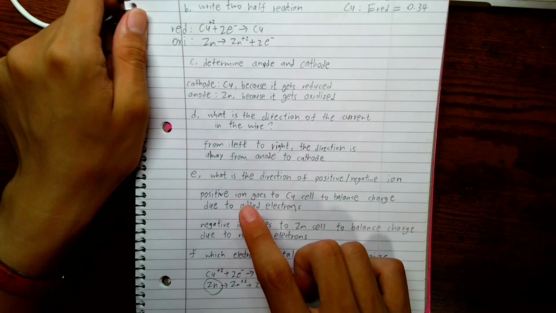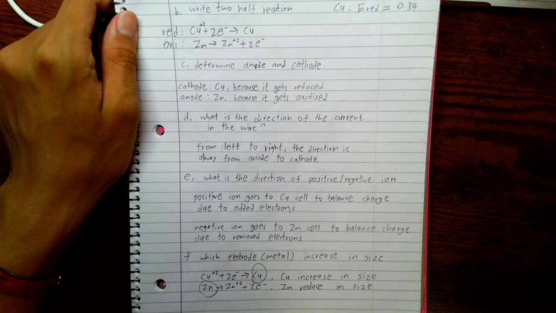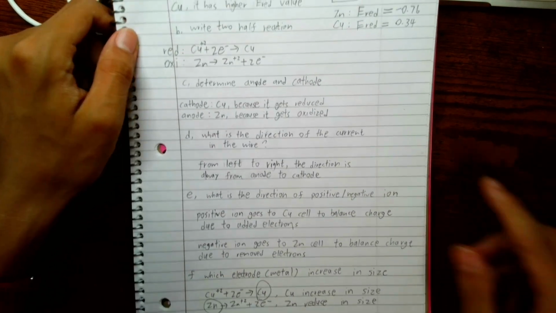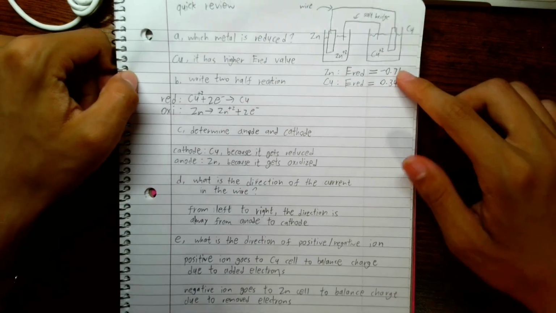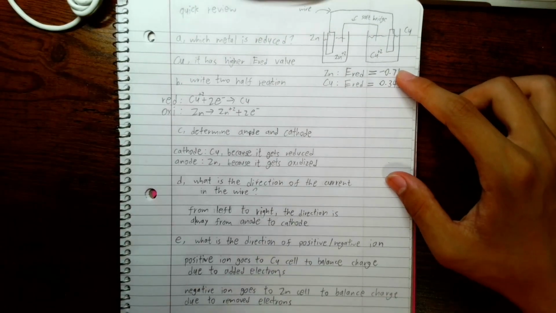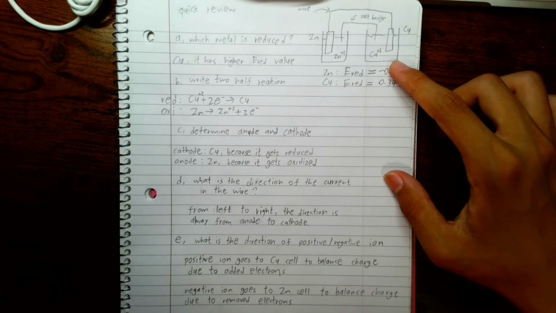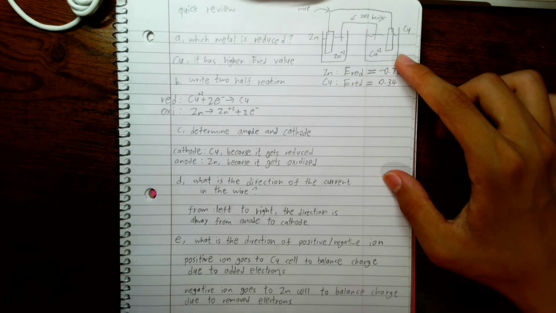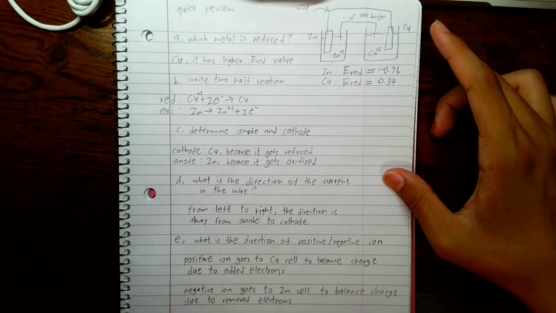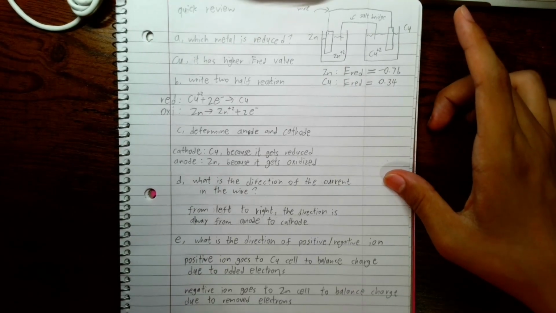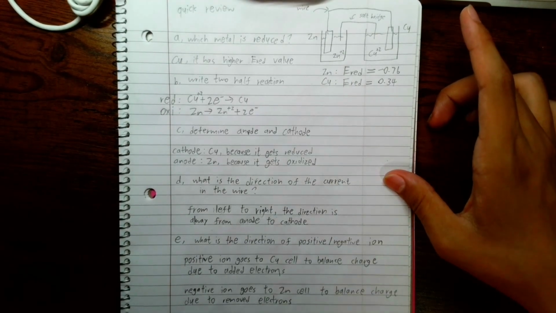Question E, what is the direction of the positive or the negative ions? If we take a look at the diagrams, the positive ion will go to the copper cell, which is the anode. Okay, sorry, my bad.